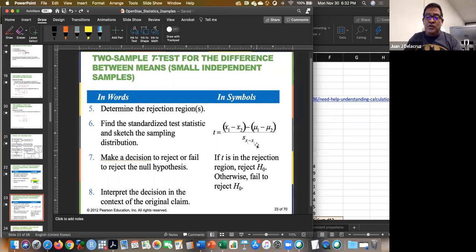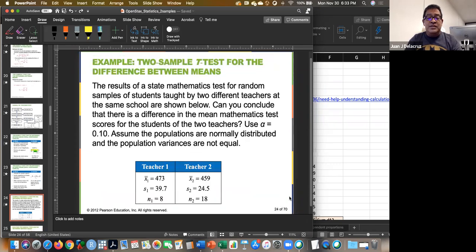Then we compare our t-test with the rejection regions. If it falls inside the rejection region, we reject. Otherwise, we fail to reject. We make the interpretation in the context of the original claim. In this case, this is a very simple case.